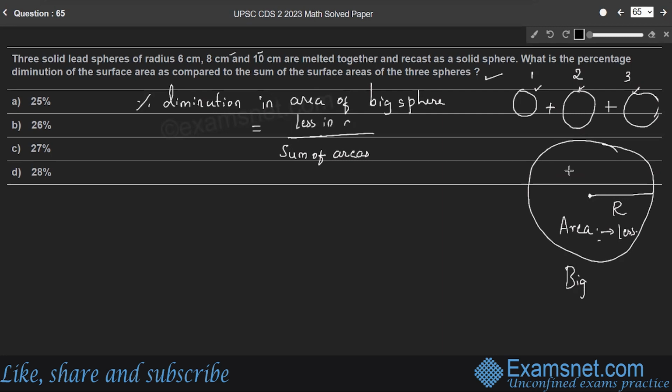Out of so many square centimeters, the original sum of the areas, so much is less in area, therefore for 100. This is how you need to calculate.